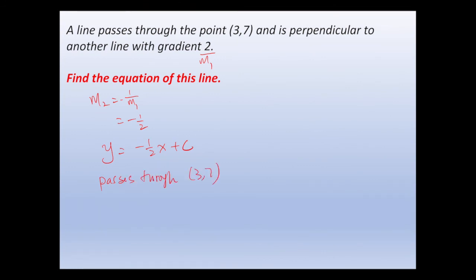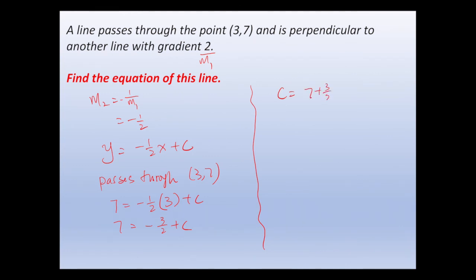And it passes through (3, 7). Substitute 3 as x, 7 as y. So we now have 7 equals minus half times 3 plus c to calculate c. So therefore 7 equals minus 3 over 2 plus c.